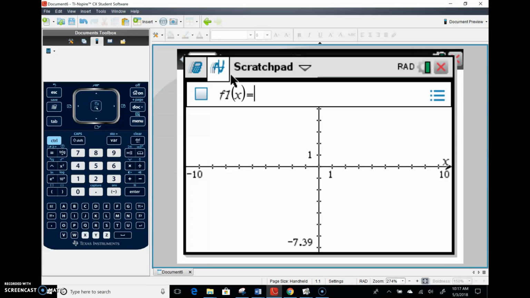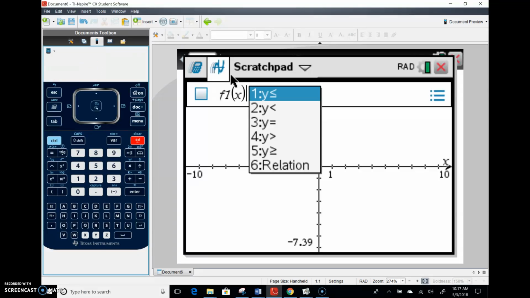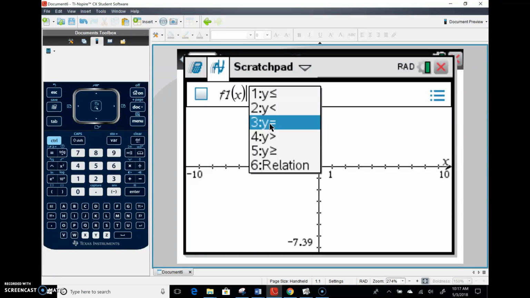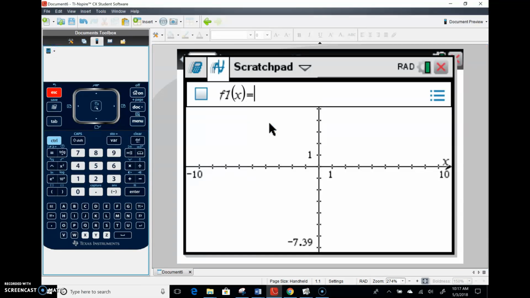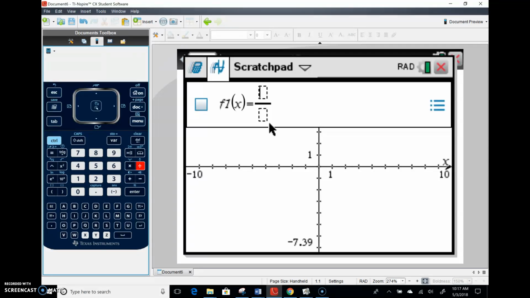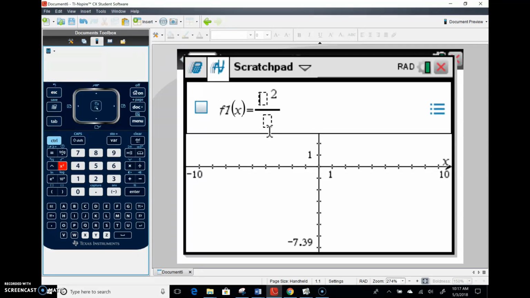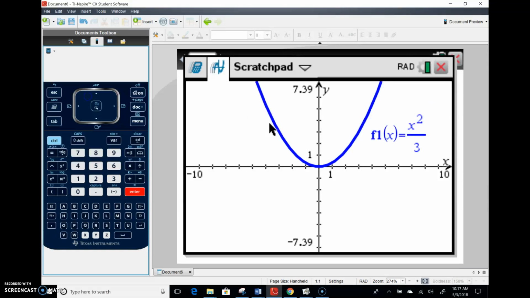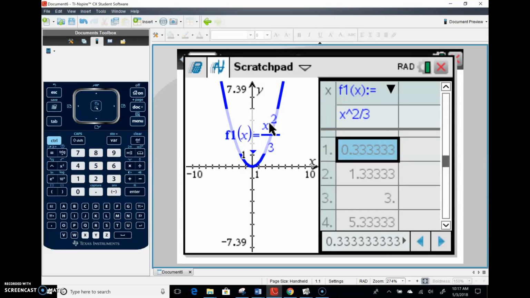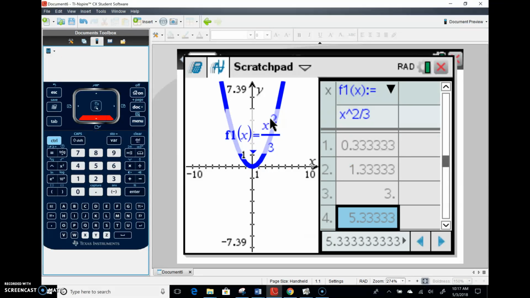So I'm going to put x squared divided by 3. Okay, enter. And then you can go to your table, control, divide, 0.33, 1.33. You see how it's the same? Or you can always do graph trace if you want. Alright.